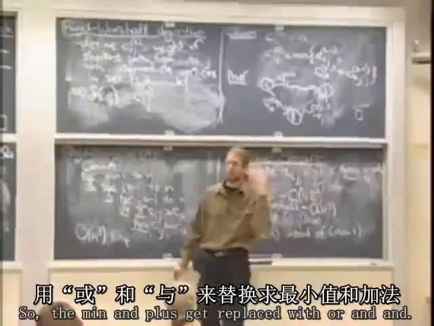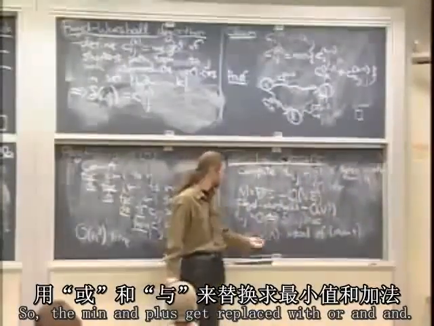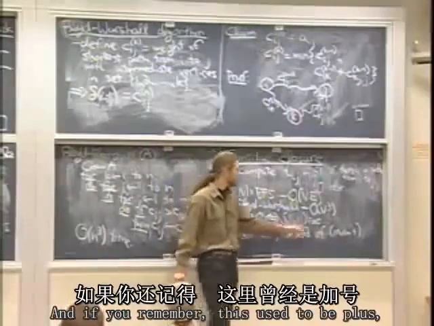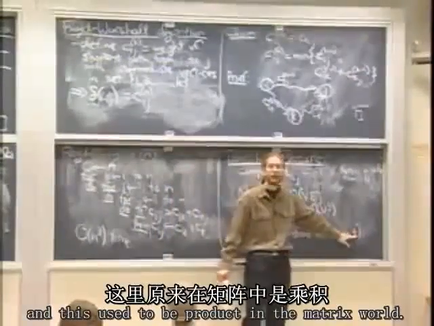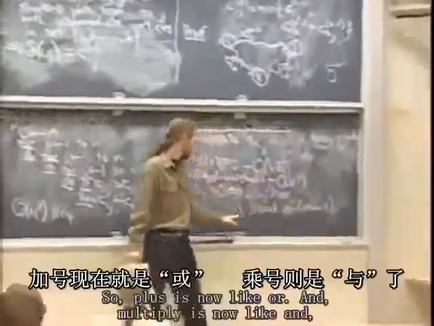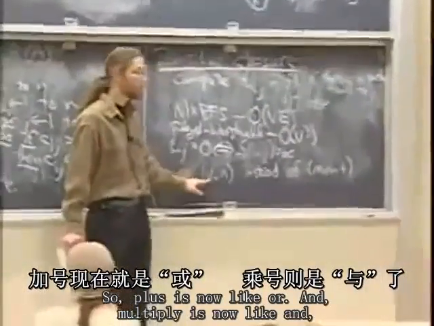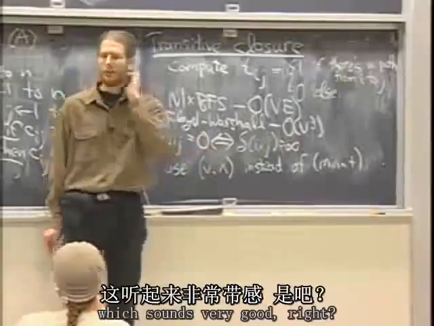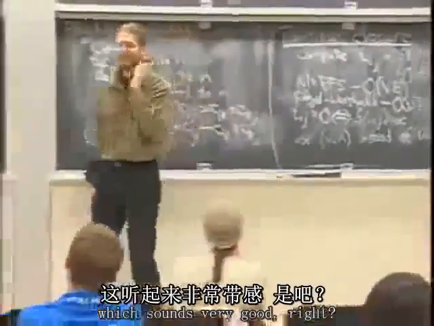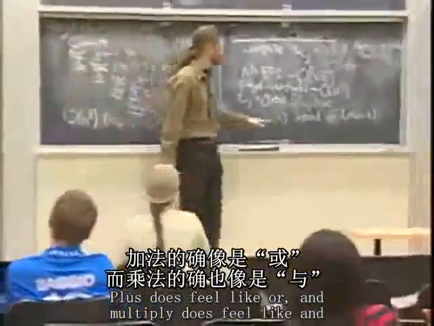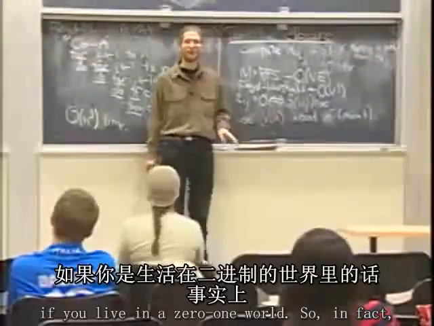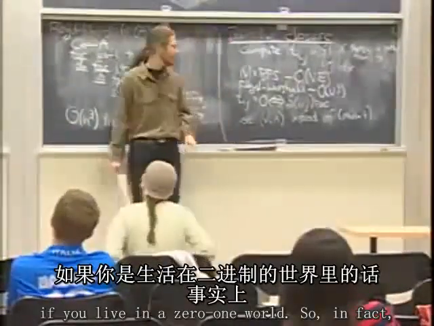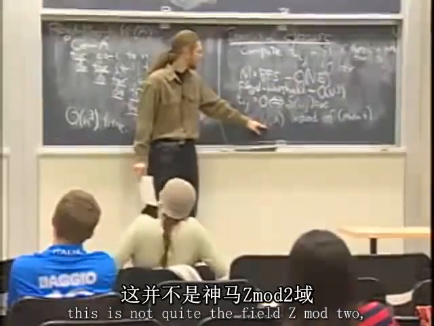So the min and plus get replaced with or and and. And if you remember, this used to be plus and this used to be product in the matrix world. So plus is now like or, and multiply is now like and, which sounds very good, right? Plus does feel like or, and multiply does feel like and if you live in a 0-1 world.